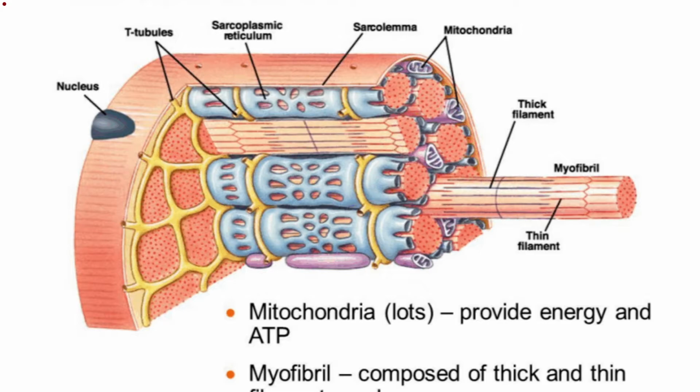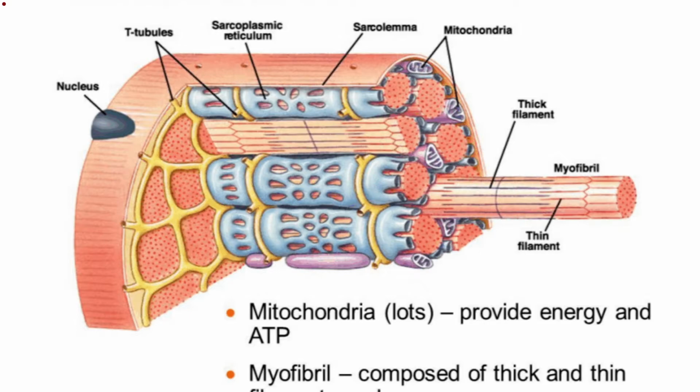You have a lot of mitochondria scattered throughout, and then this blue and yellow, I call it the T-tubule system. It has these tubules and it has a sarcoplasmic reticulum, which is a specialized endoplasmic reticulum that houses calcium.